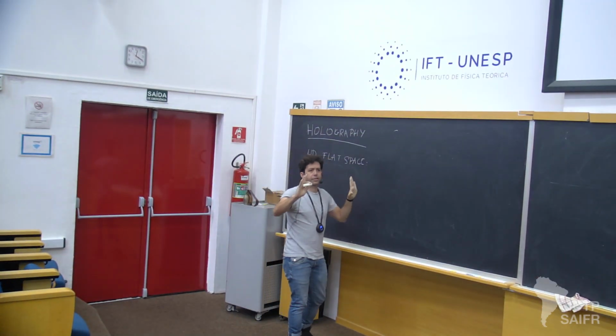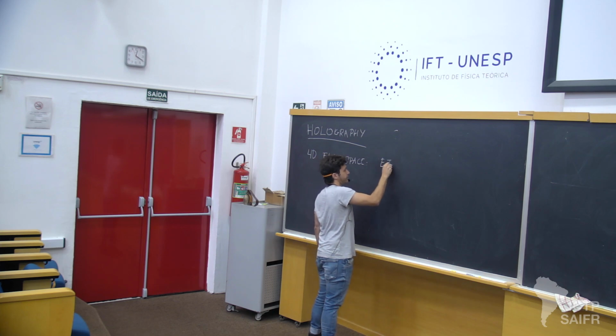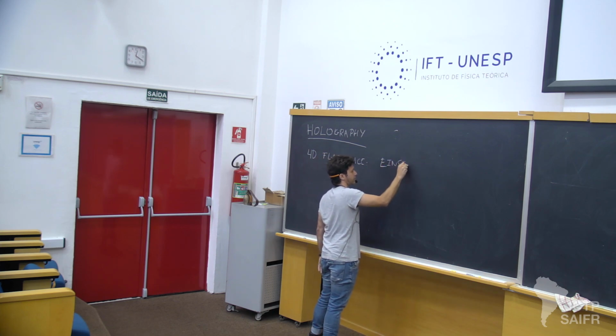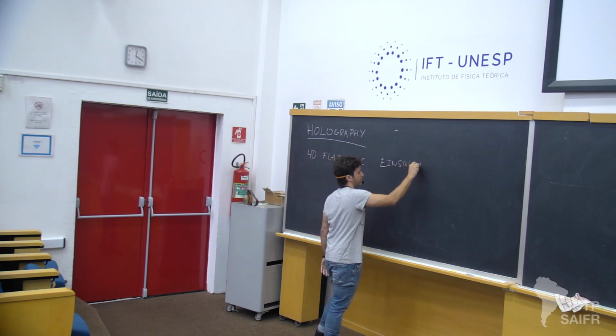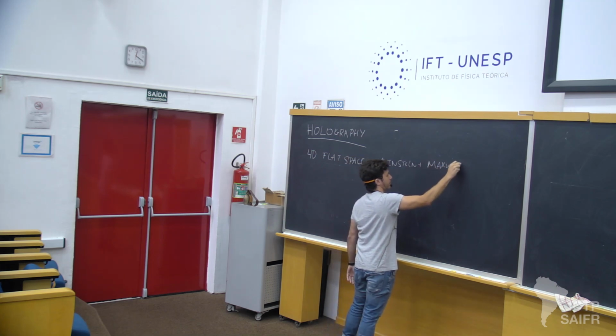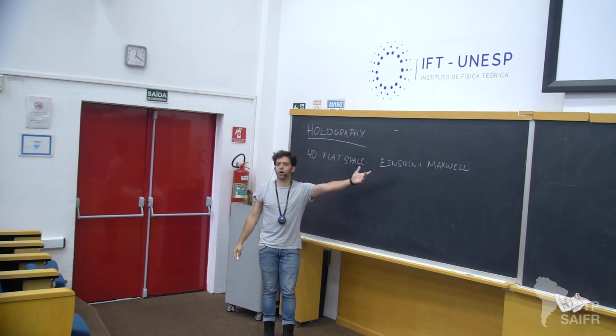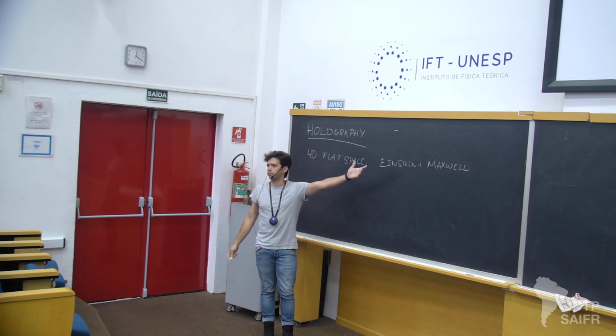At large distances, we can just think about Einstein and Maxwell together. And the solutions to Einstein-Maxwell theory are charged black holes, right?